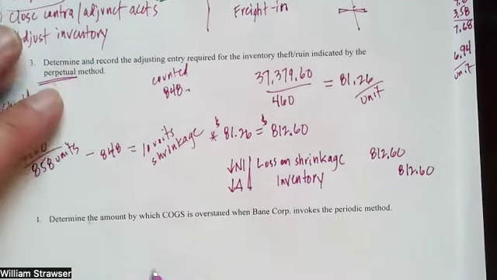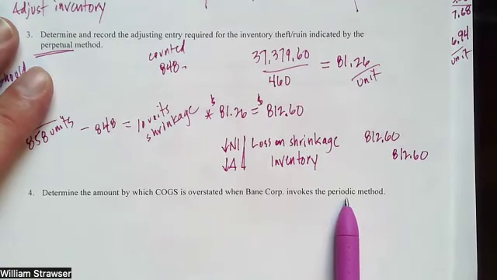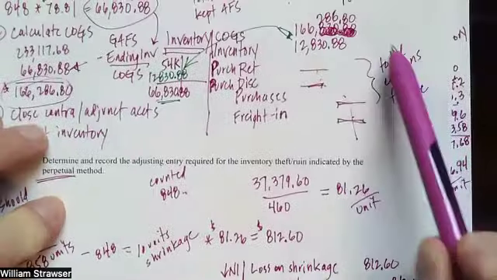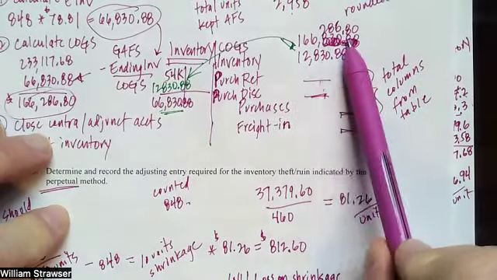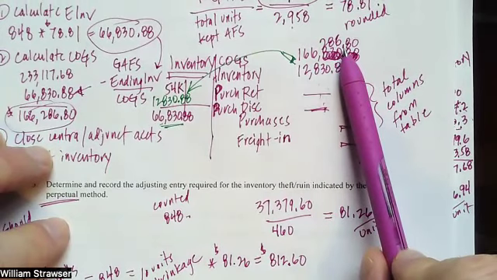The final piece, determine the amount by which Bane overstated COGS. Right. So what it's asking is, when we wrote this COGS out, I said this includes shrinkage, right?